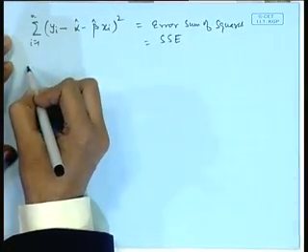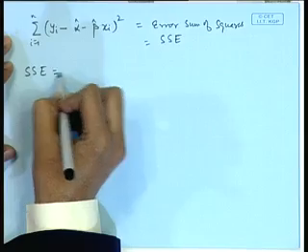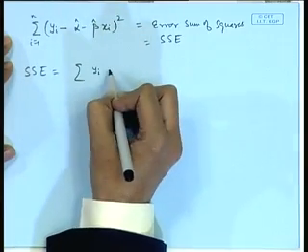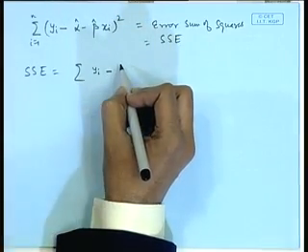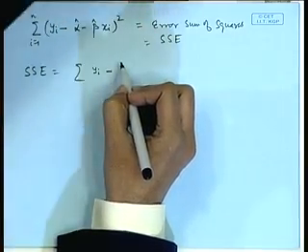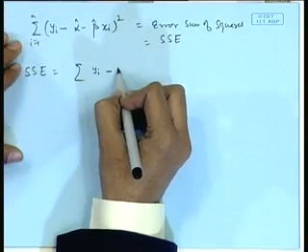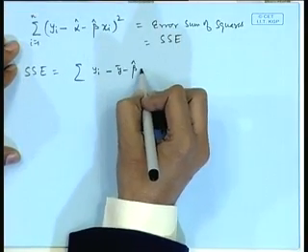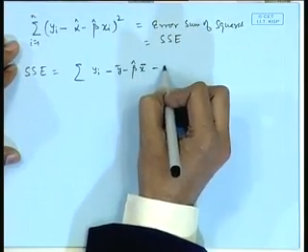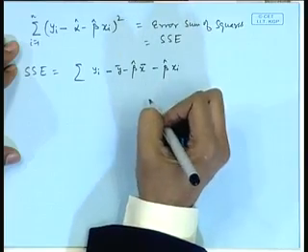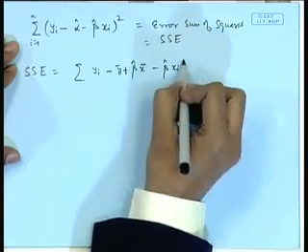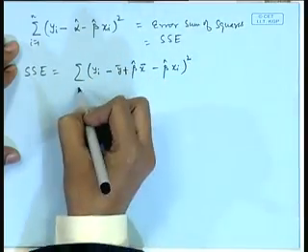Now, if I substitute this, yi minus alpha hat, where alpha hat is equal to y bar minus beta hat x bar, minus beta hat xi, so this becomes plus here, whole square. Let us simplify this term.